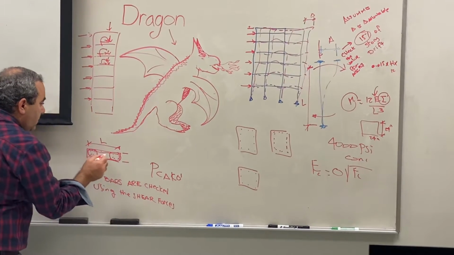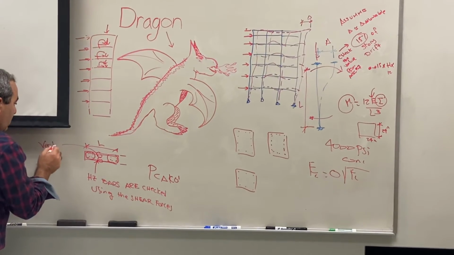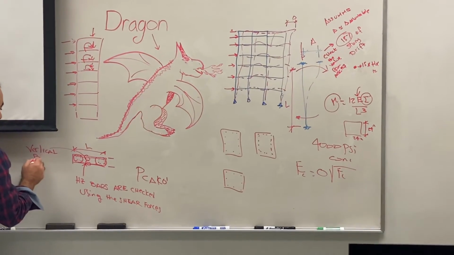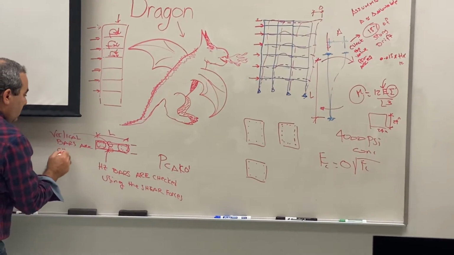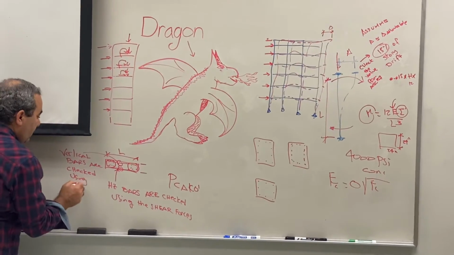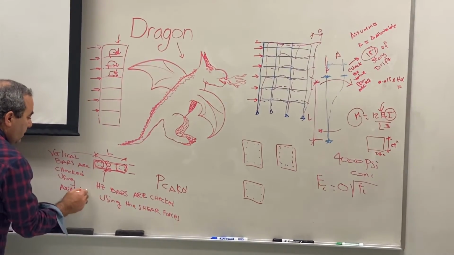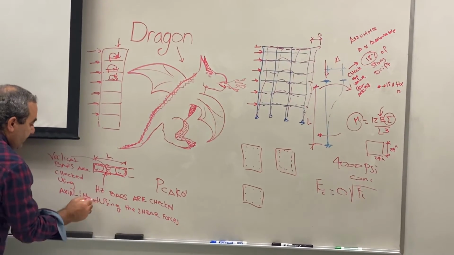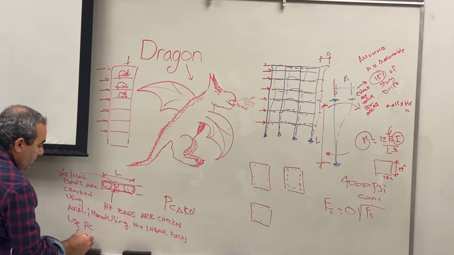The vertical bars are checked using axial and moment, and you're gonna have to use a program for that. Use BC Column program.